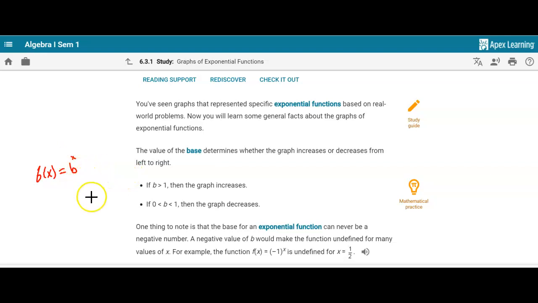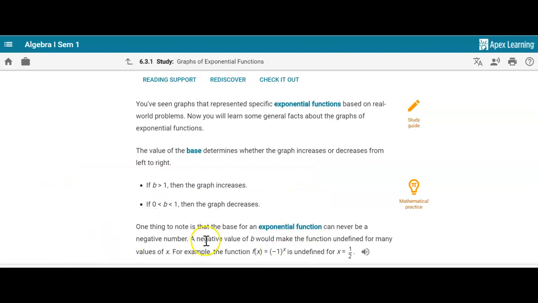The base b gave us two things. If b is greater than 1, the graph increases, meaning it starts low and increases from left to right. If b, the base, is between 0 and 1, it decreases, starting high on the left and decreasing to the right.